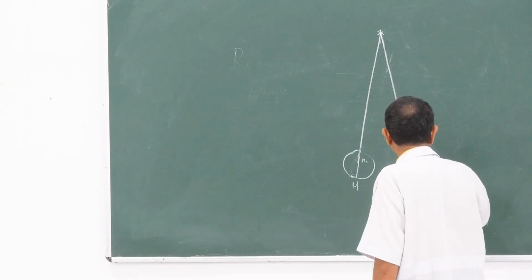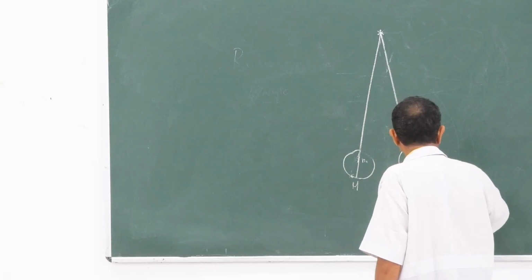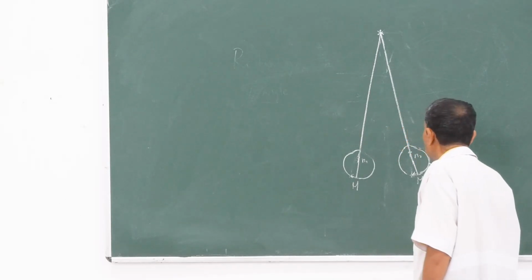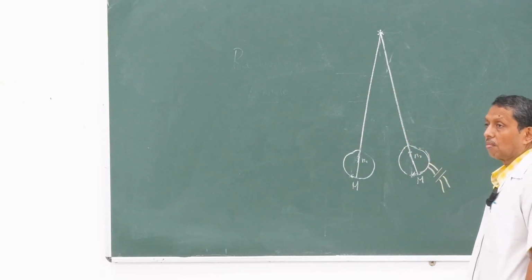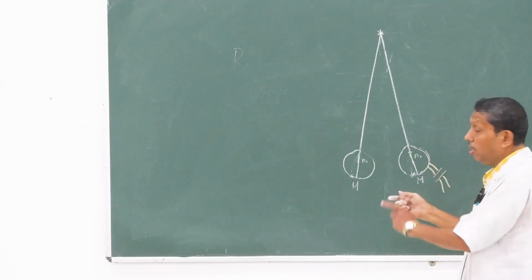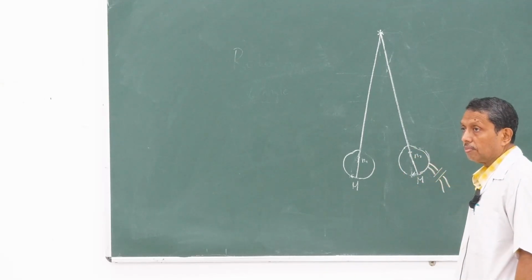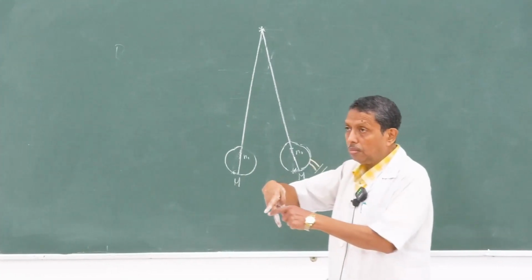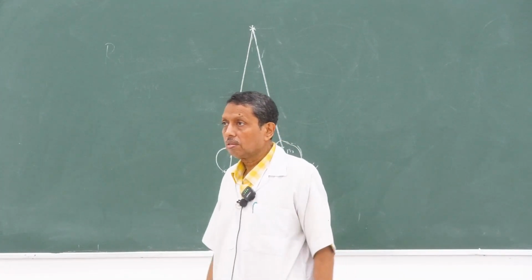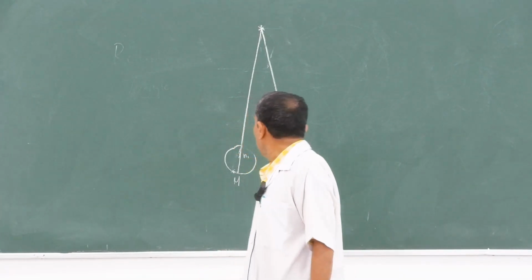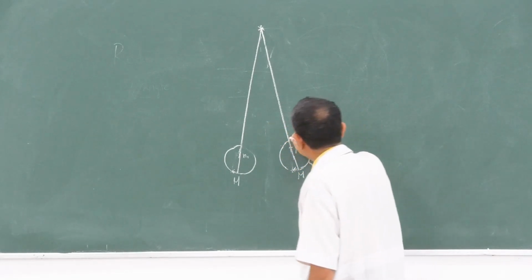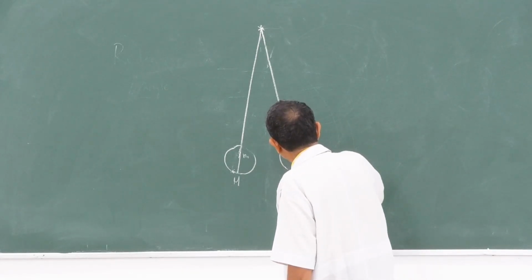If the lateral rectus muscle's function is not there, then the eyeball will rotate along the vertical axis. Now, consider that in that case there is slight shifting of this.